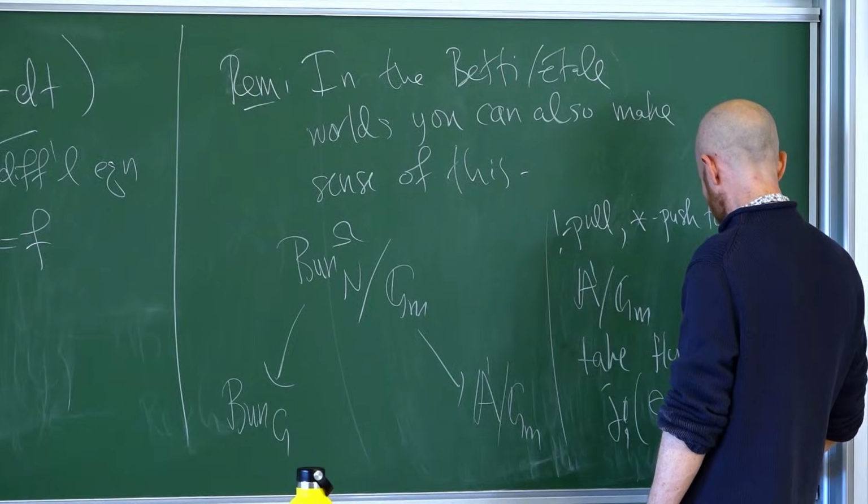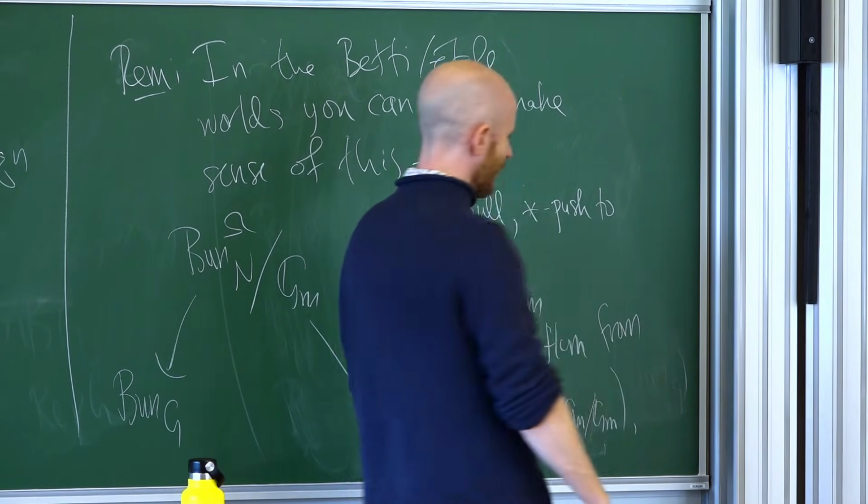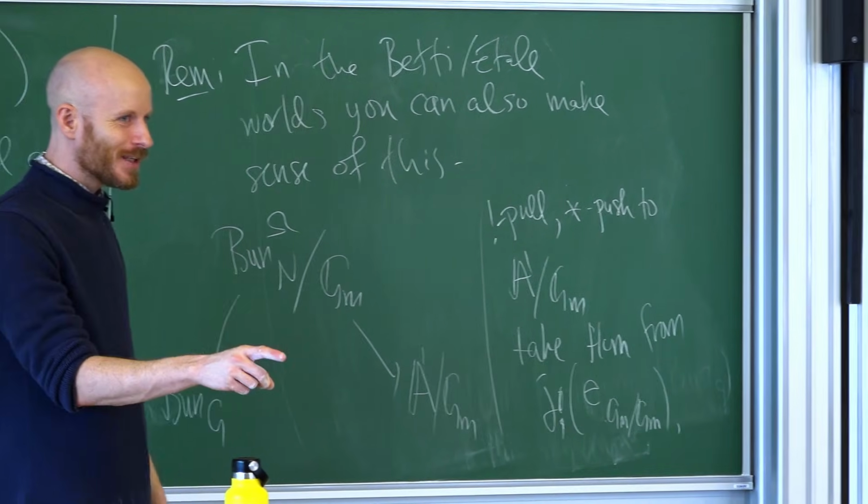Is that A1 mod G_m with G_m acting by the usual scalar or like the square of the usual? It's a very fair question.